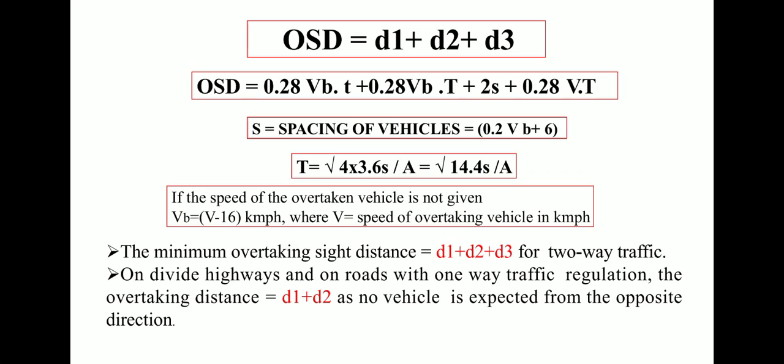The minimum overtaking sight distance is equal to d1 plus d2 plus d3 for two-way traffic on undivided highways, and on roads with one-way traffic regulations the overtaking distance is equal to d1 plus d2, as no vehicle is expected from the opposite direction.